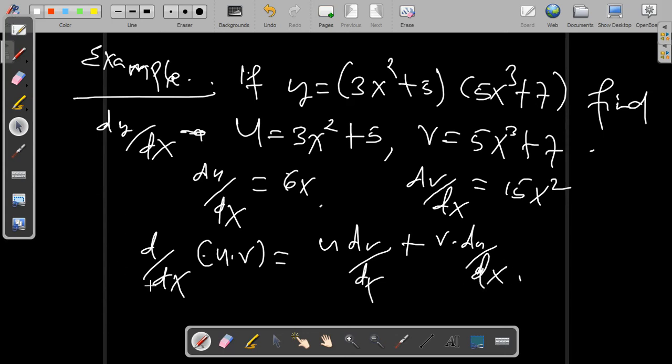Now we plug in our values for u and v. We have du over dx, that is 6x, and dv over dx, that is 15x squared.